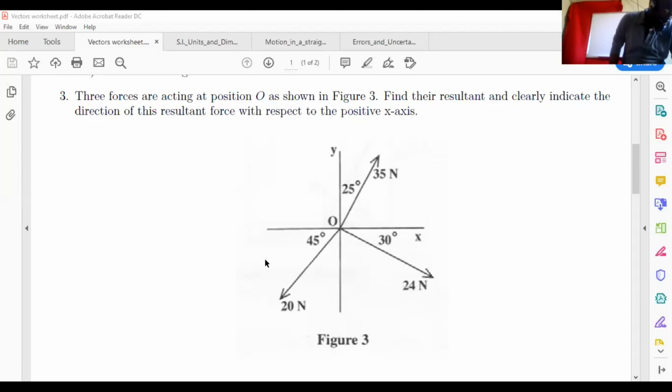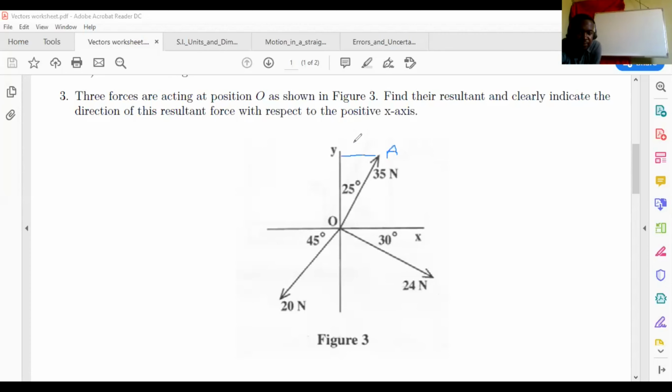All right, so let's work this and see if we get it. So we're going to take the 35 as vector A. We complete this triangle here.